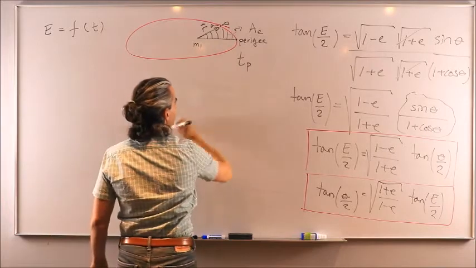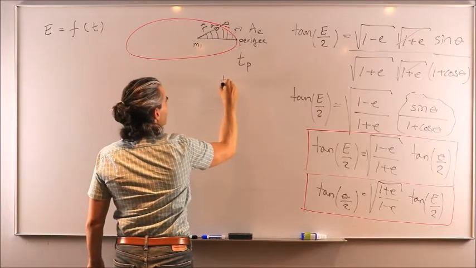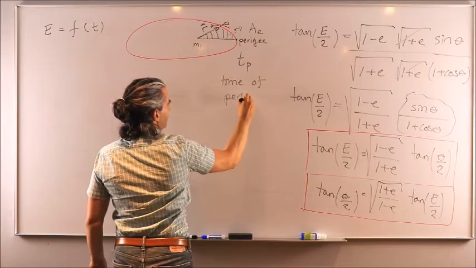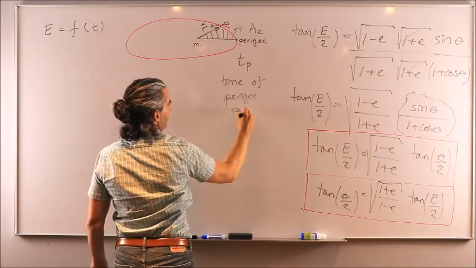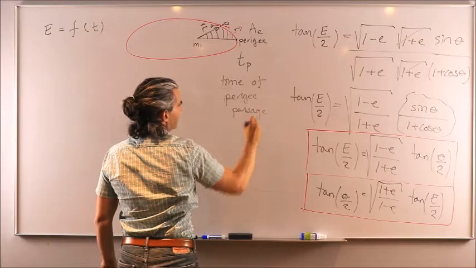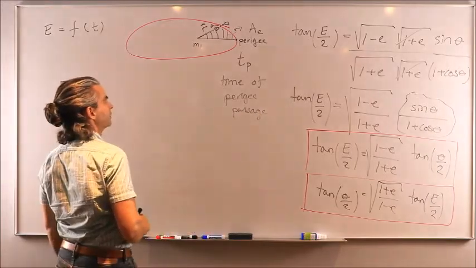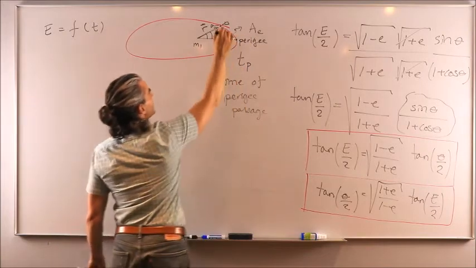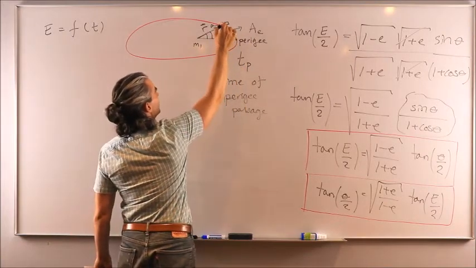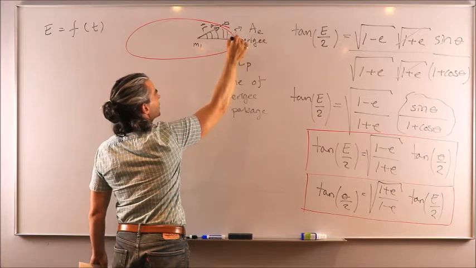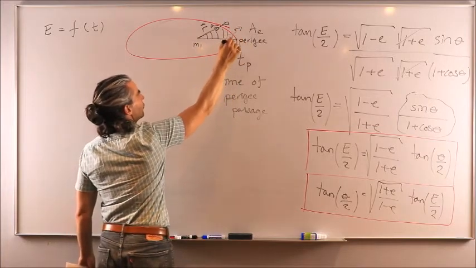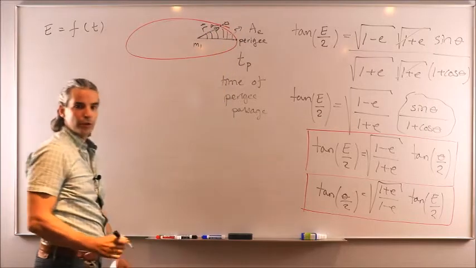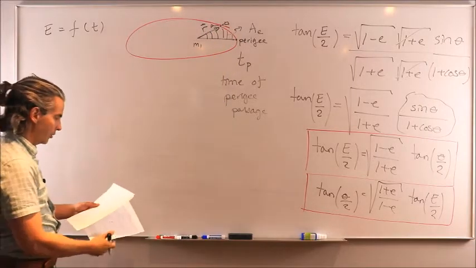So let me write it in words. Time of perigee passage in seconds. This is TP. This is the time at which the spacecraft ends up here. This is our current time. So we're going to say T minus TP is the time interval over which the position vector went from the perigee all the way to where the spacecraft lies currently on the orbit.